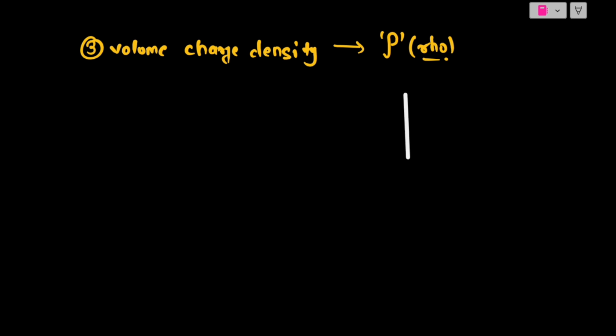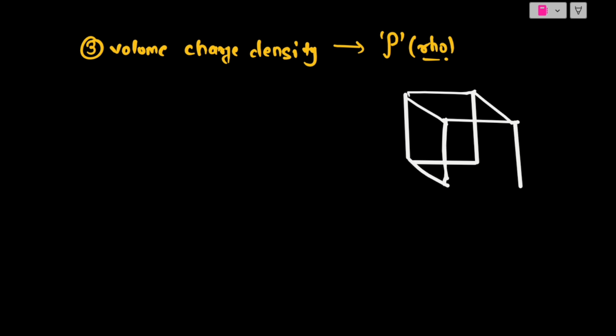Here we have the surface areas which make up the cube, and in that volume we can represent the charges, which are uniformly distributed in that cube, right?